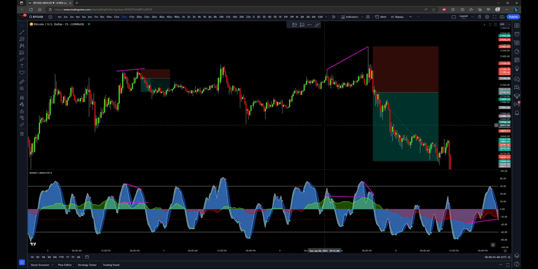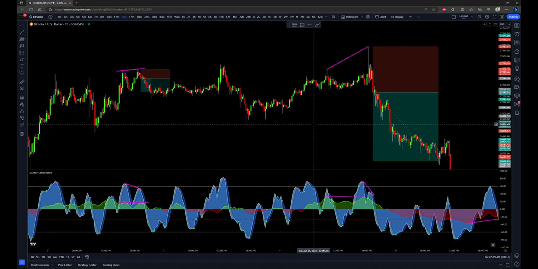There's another one out there called the Market Cipher B, which is very expensive. So I'd recommend going with one of these free options, Market Liberator B. I believe it was a small donation of any amount to get access to it. It was a long time ago that I got access to it, so I don't quite remember, but you can look it up online if you want the Market Liberator B or the Wu Manchu free one in TradingView.